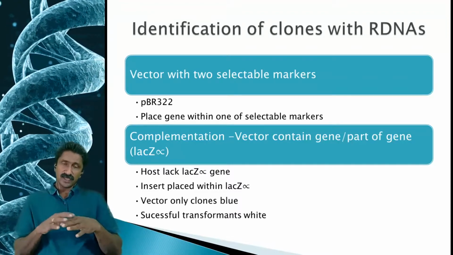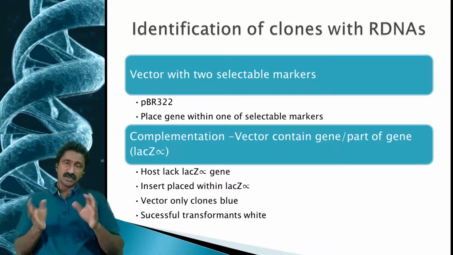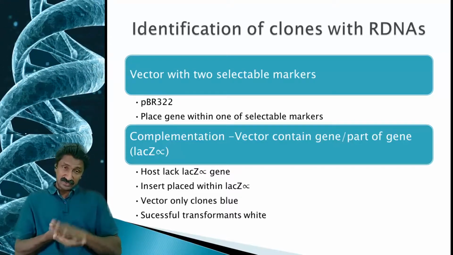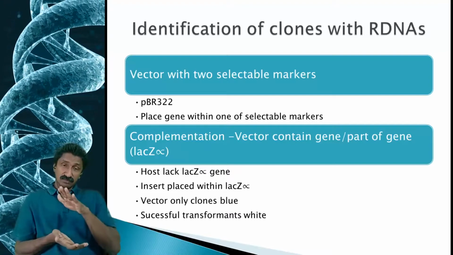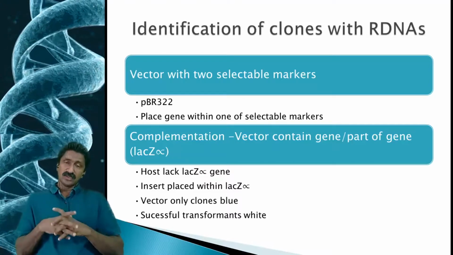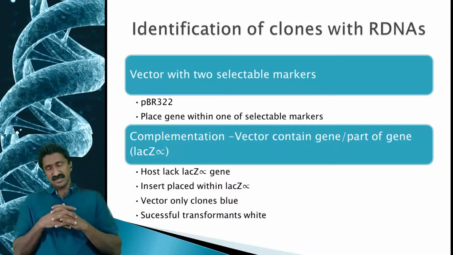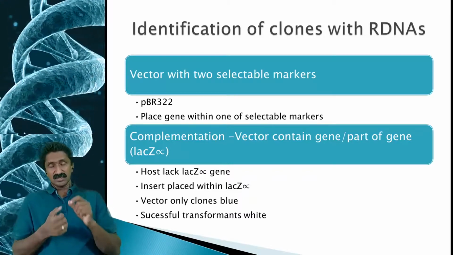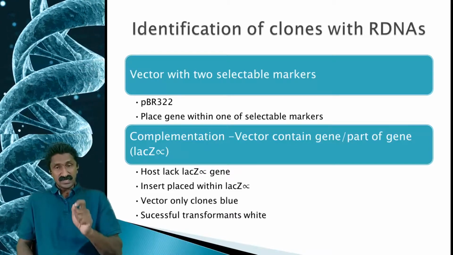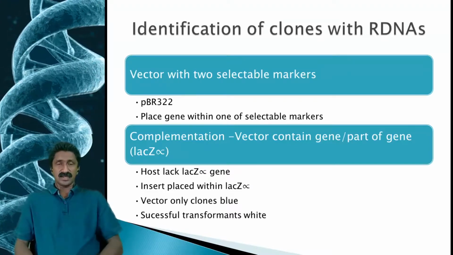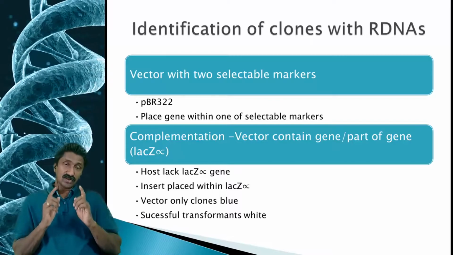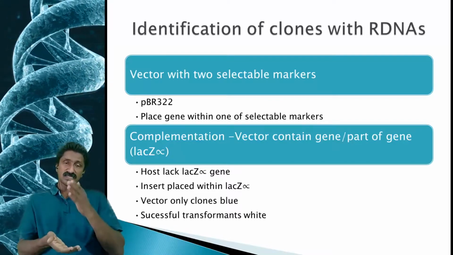coli cells only, that first category of cells will be easily eliminated because they cannot grow in the antibiotic-containing medium. And the cells which contain pBR322 only, not the DNA insert, can grow both in ampicillin-containing medium and tetracycline-containing medium. Whereas if you place the DNA construct within the ampicillin resistance gene, thereby interrupting it, then the cells containing the recombinant vector cannot grow in ampicillin-containing medium because that gene is interrupted.